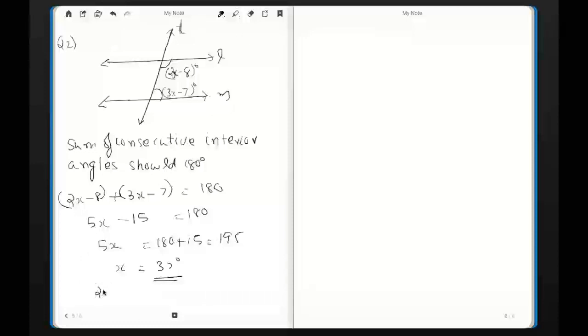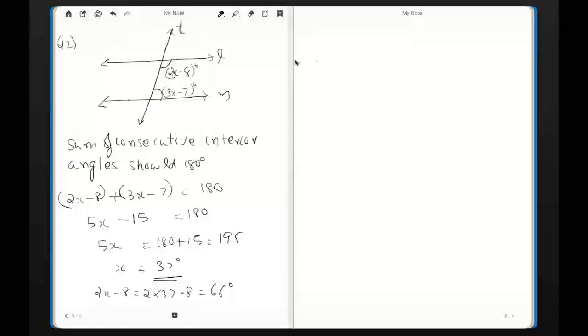If x is 37 degrees, what is this angle? So 2x minus 8 will be equal to 2 into 37 minus 8, which is 74 minus 8, which is 66 degrees, right?